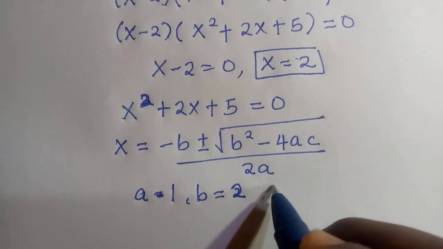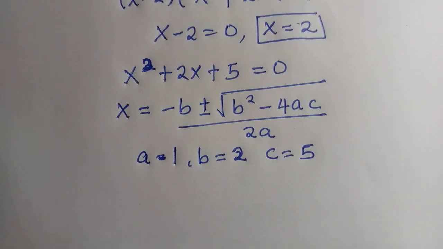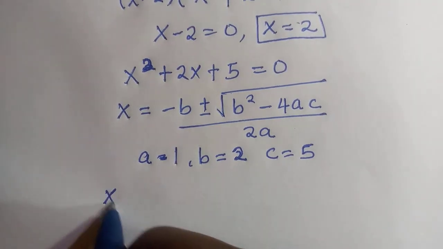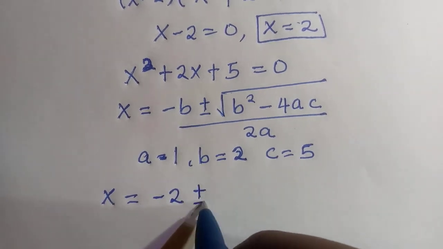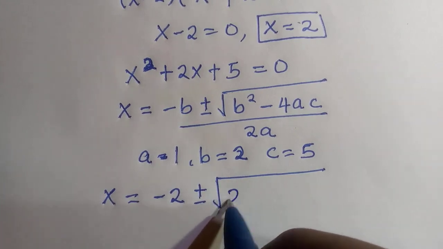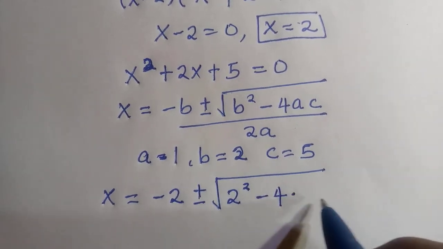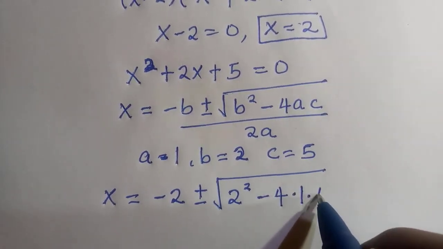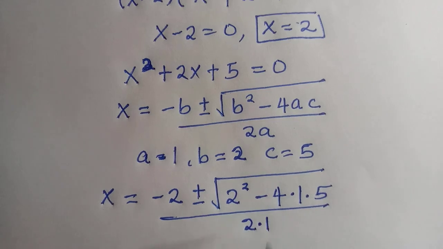Then we have the value of c, the constant, as 5. By plugging it in, we have x equals minus 2 plus or minus square root of 2 squared, which is for b, minus 4 multiplied by a is 1 and c is 5, divided by 2 multiplied by 1.